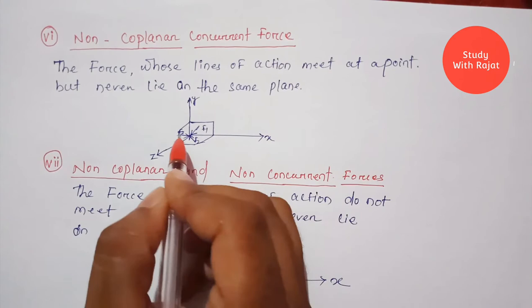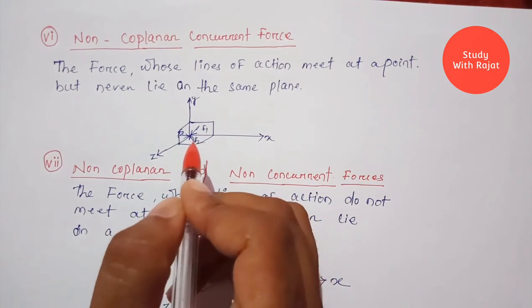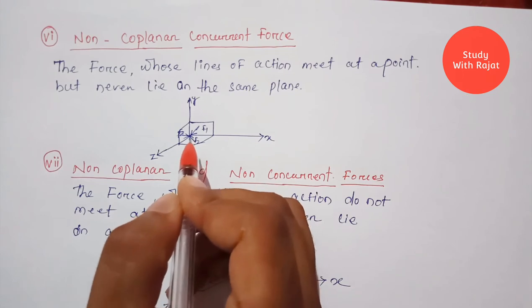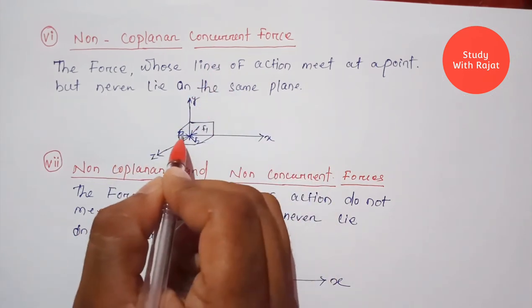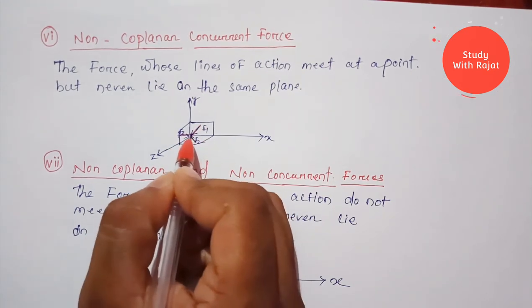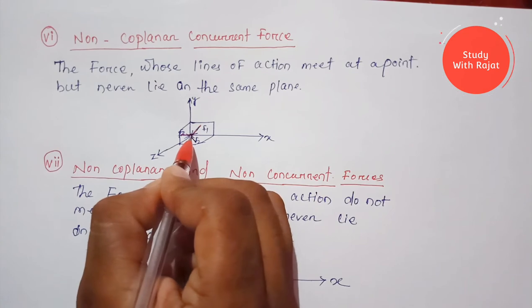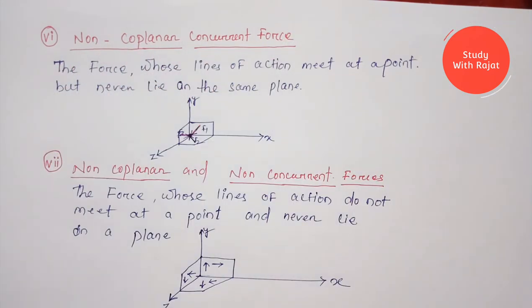So the forces are in different planes, but they are concurrent. F1, F2, F3 meet in a single point. This is known as the non-coplanar concurrent force.